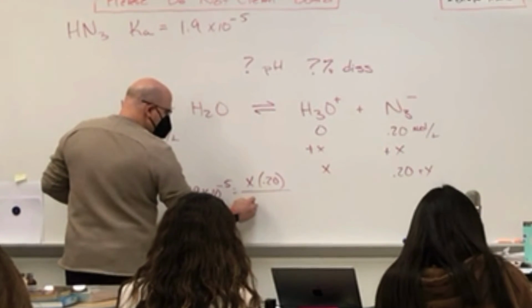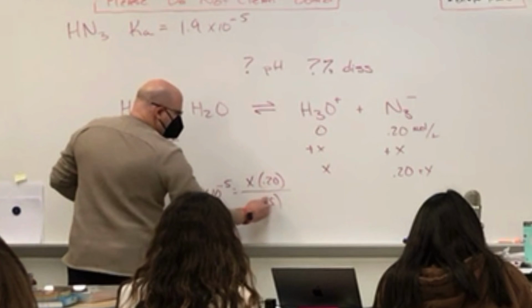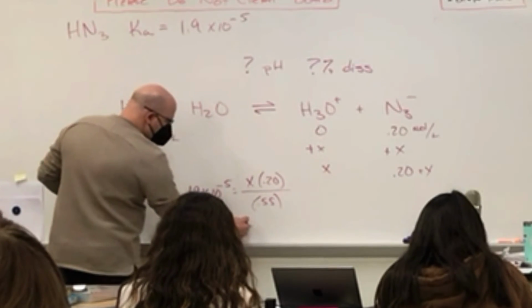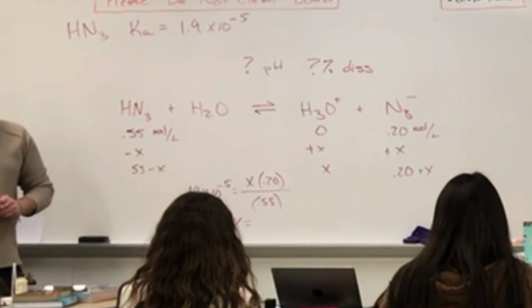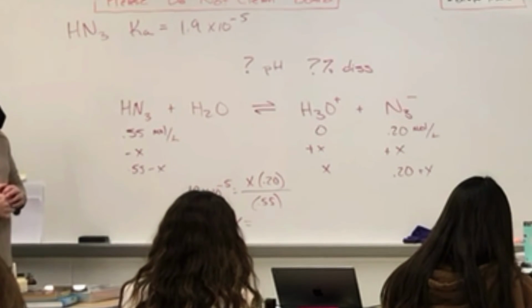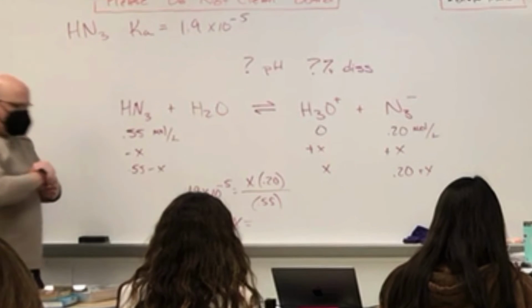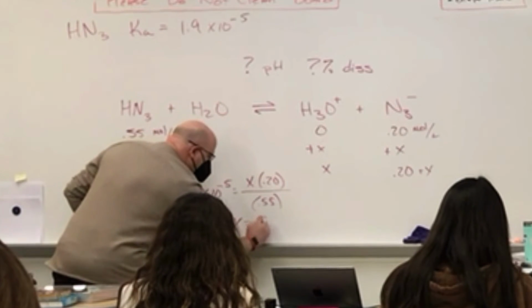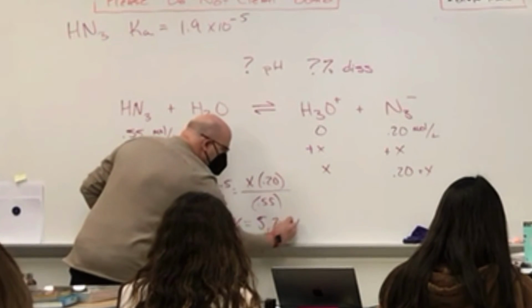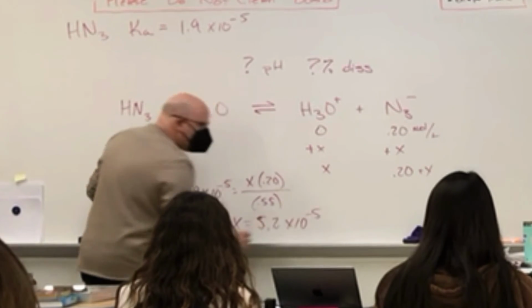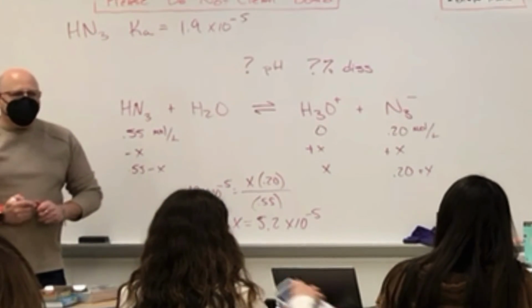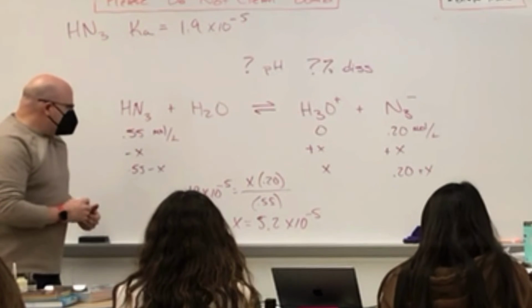I'm going to go ahead and just drop the x terms. You got it, Joe? Yeah, 5.23 times 10 to the negative fifth. Confirm or deny? Probably. Don't tell me probably. Is that a confirmation? Okay.